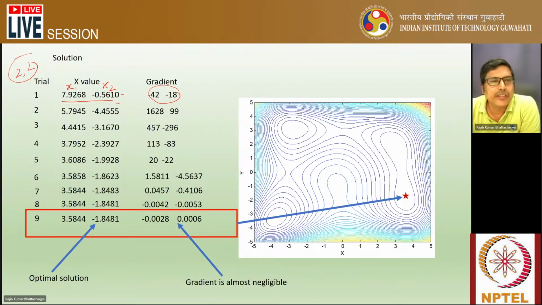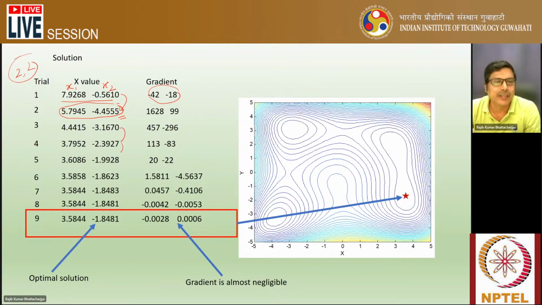Considering this as the initial solution, I get this one in the second iteration. I have not shown you how I got this particular solution, since I used a MATLAB function, but you can apply the Newton's method or the conjugate direction method, because a single iteration of Newton's method will give you the solution.